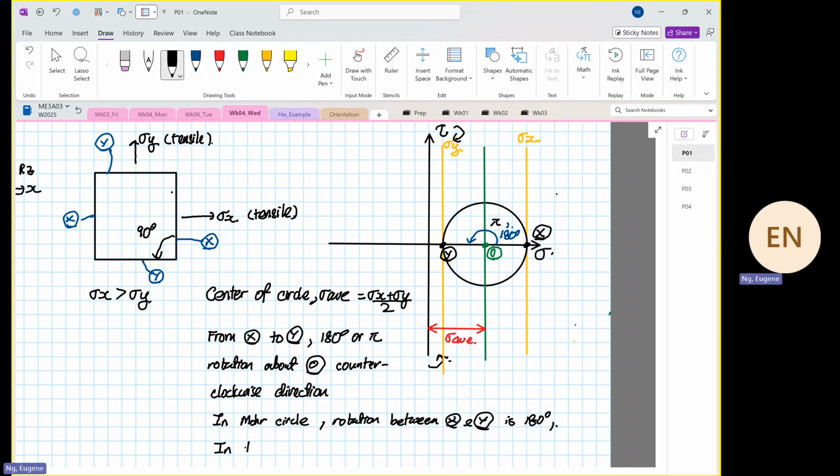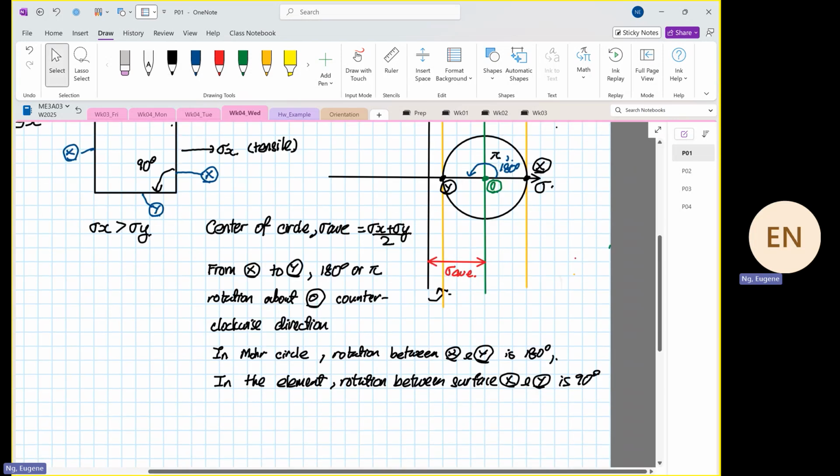In the element, the rotation between surface X and Y is 90 degrees.